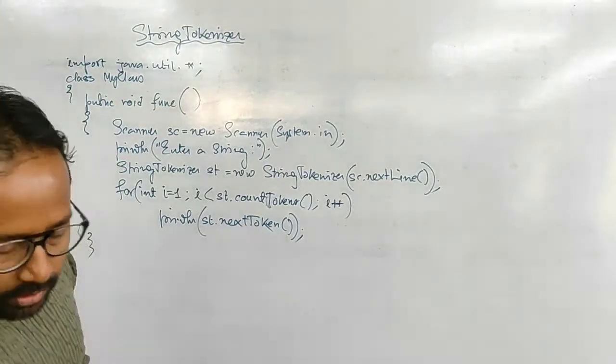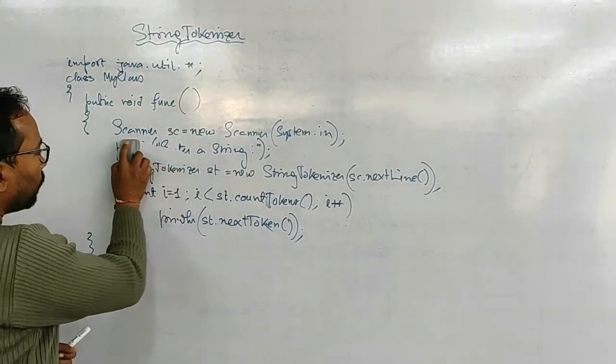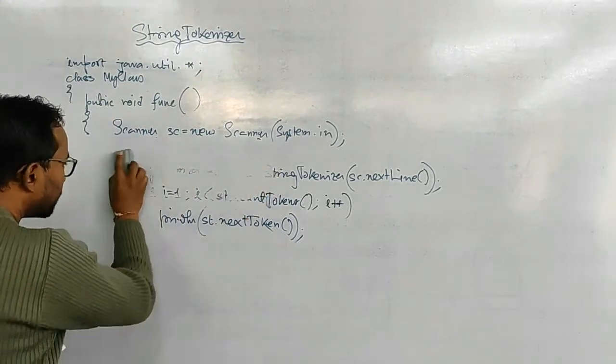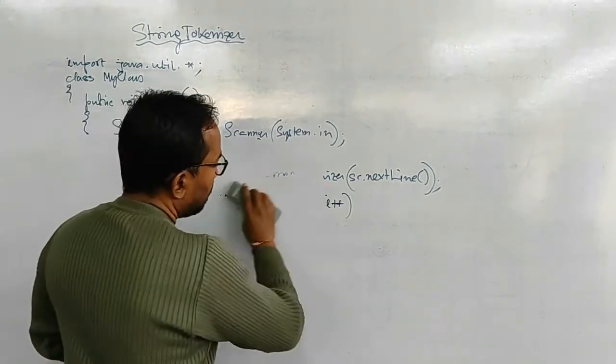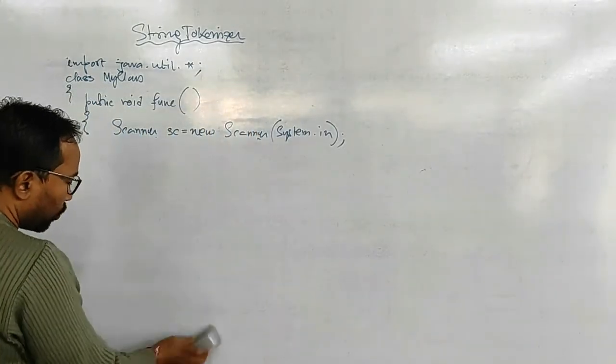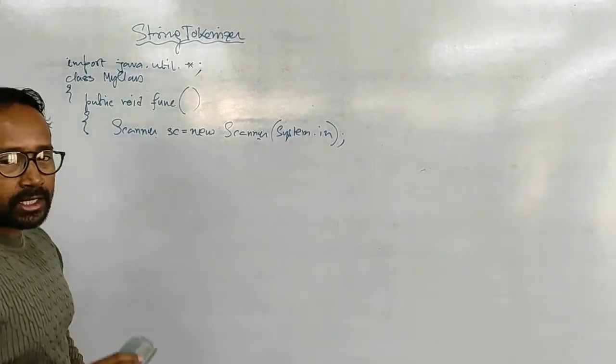Now we will do another program where we will ask the user to give some comma separated numbers and we will make the average of all the numbers. So comma separated means here we will use comma as a delimiter.